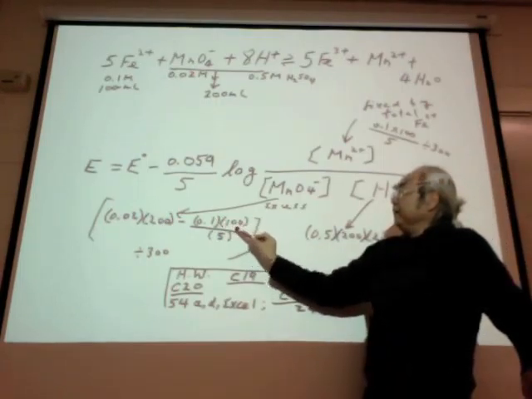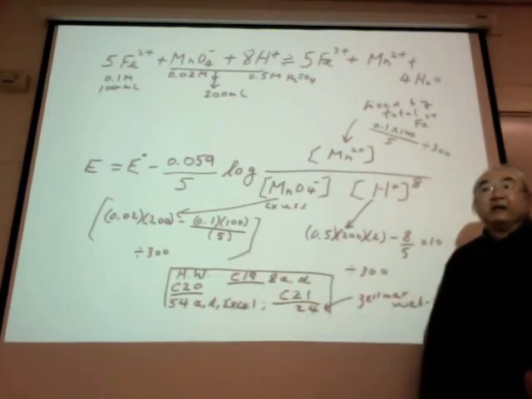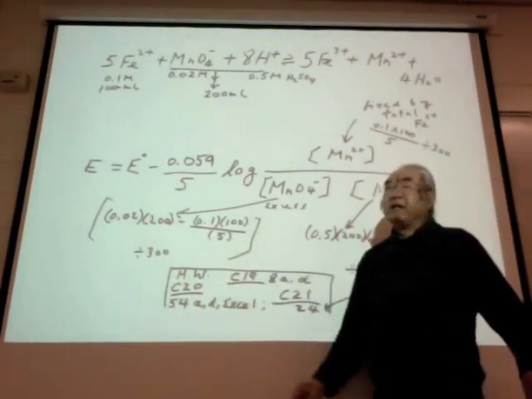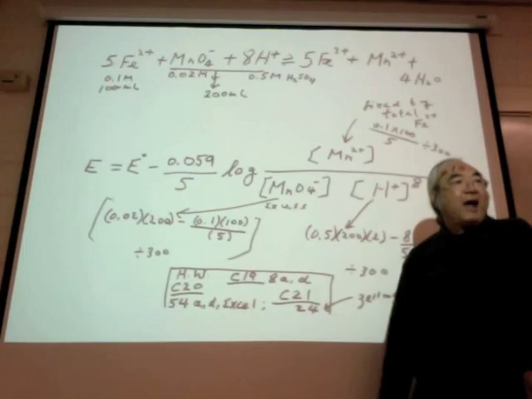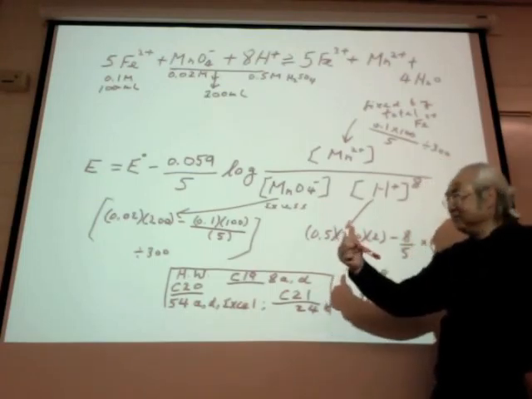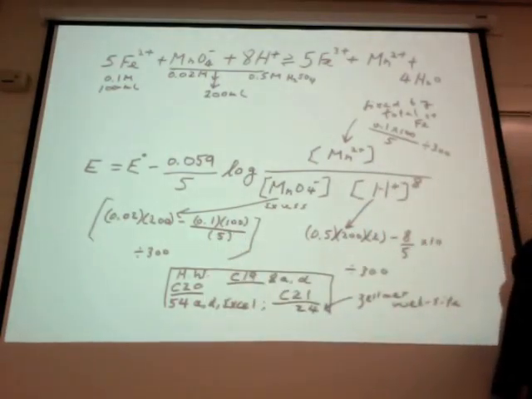So the total divided by 5 is the reacted quantity of permanganate. Any problem with that? Everyone okay? Mr. Gaska, are you okay? Cool. So volume is divided by 300.